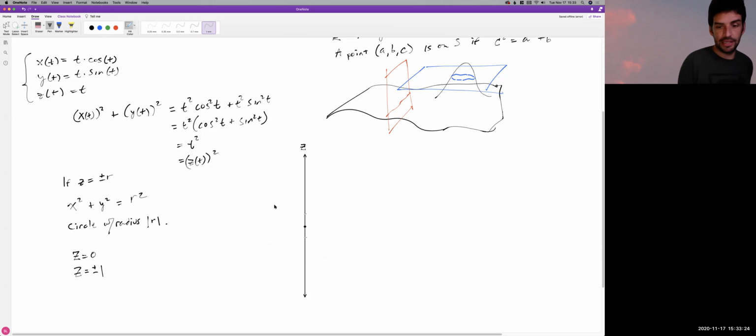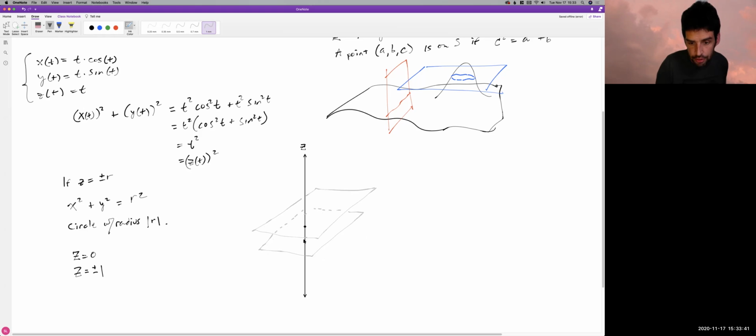So first I'll draw a plane at z equals 1, and then there's one below it at z equals -1. So this lower plane is hitting at z equals -1, and this upper plane is hitting at z equals 1.